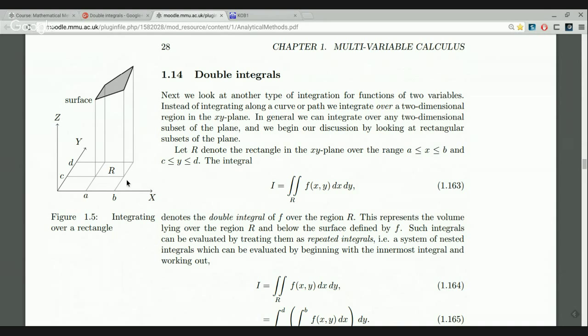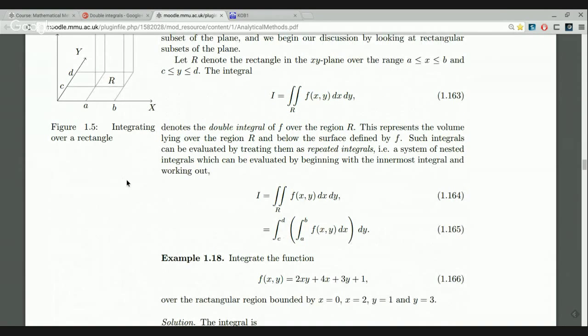You can think of this as a nice generalization of the integrals of functions of one variable. There we have the curve defined by the function. We integrated over a subpart of the domain, so we integrated across an interval, a to b, say.